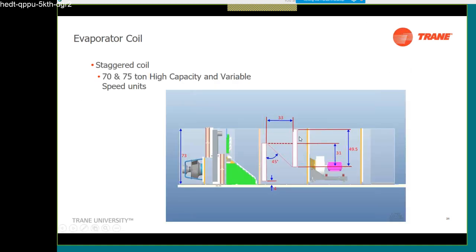It's going to have 2 EXVs on each coil because we have circuit 1 and circuit 2. They're designed to work so that it doesn't matter which circuit we bring on, we get the entire coil face cold, instead of having only part of the coil cold and not the other part. So they're all intertwined. There really is no circuit 1, circuit 2 on there. Both circuits are on each coil.